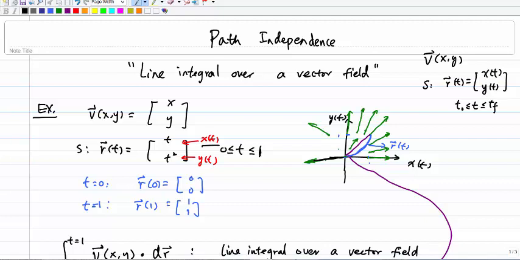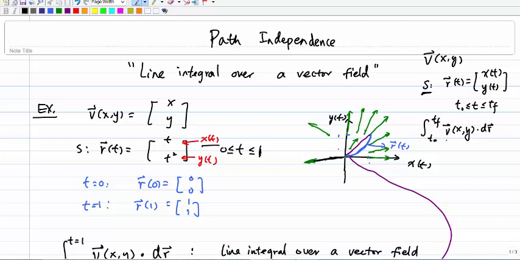If I talk about the vector field and also the line s given by this, then if you do the line integral from t0 to tf of V(x, y) dot dr, the result depends on the s we're given.